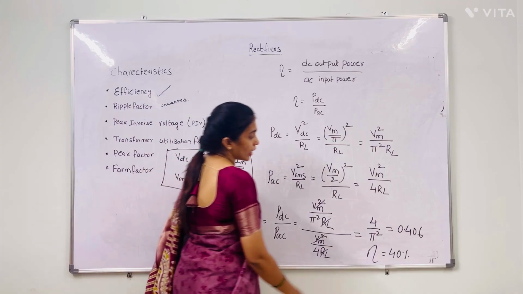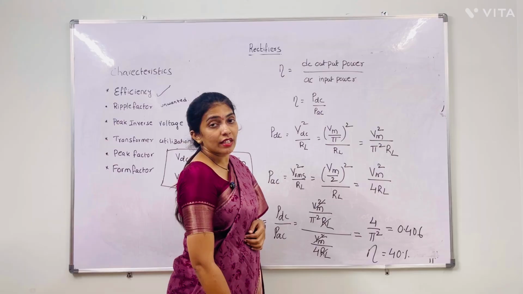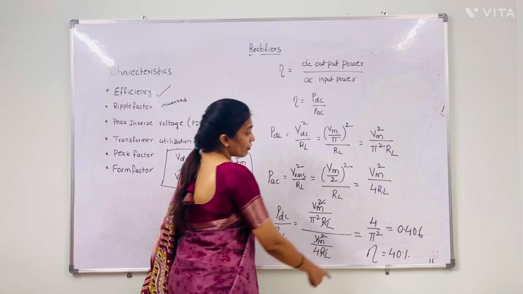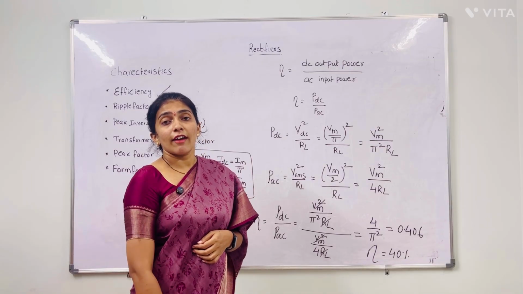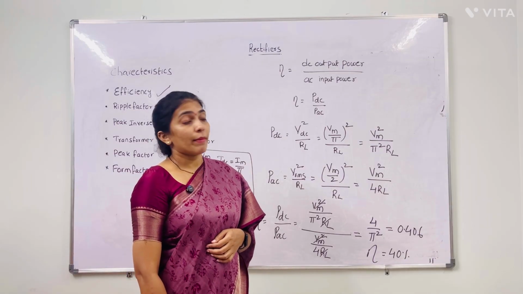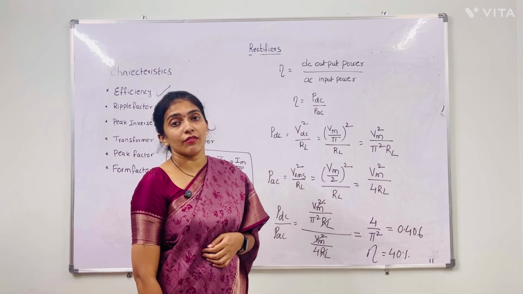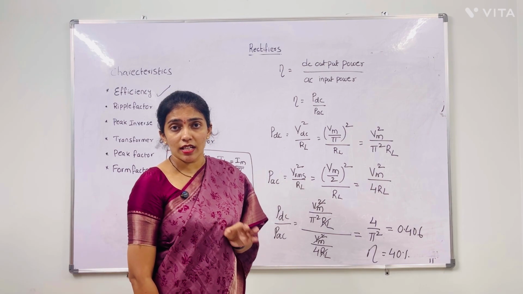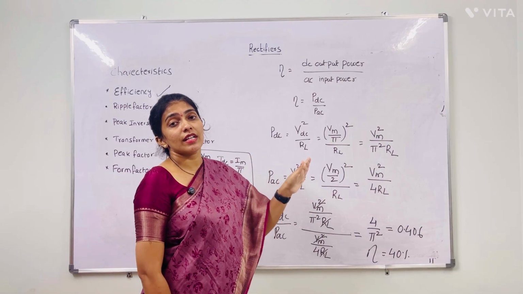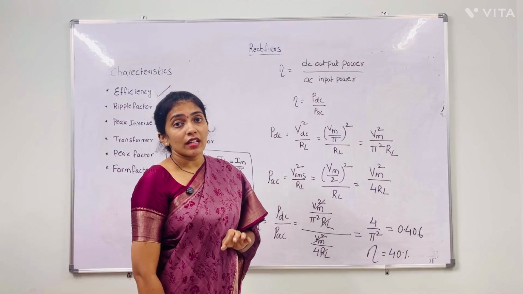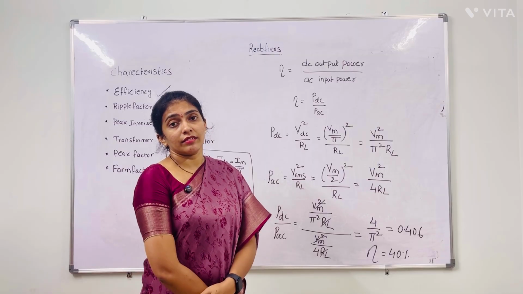The 4 by pi square value is 0.406, so in percentage that is 40.6 percent. So the efficiency of a half wave rectifier is about 40 percent. Only 40 percent of the signal is converted from AC to DC, so the half wave rectifier is not used in practical applications.